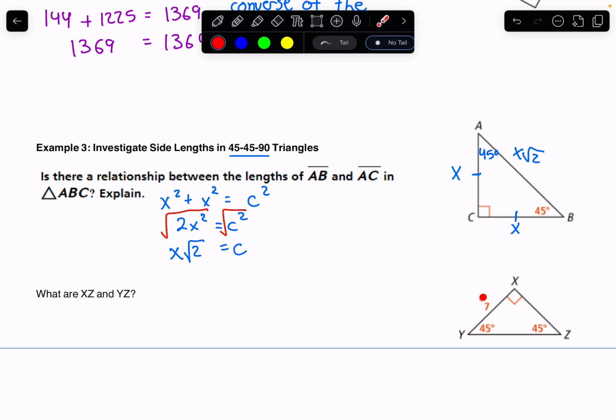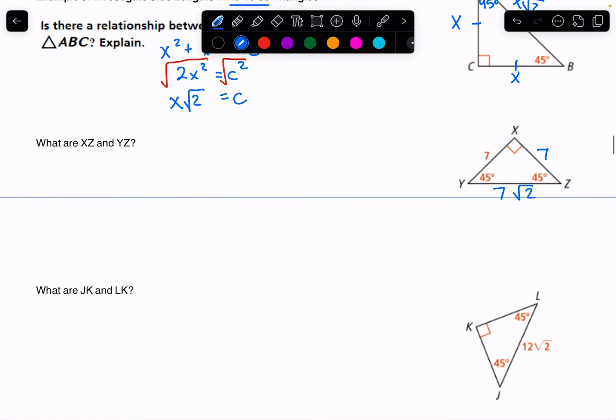If I know one leg is 7, and I know the other leg is 7, because it's going to be an isosceles triangle, then whatever number I use here, the hypotenuse is going to be that number, or x, multiplied by the square root of 2. So all I need to do for YZ is say that that is 7 square roots of 2. And that is all three sides of my isosceles 45, 45, 90 triangle.